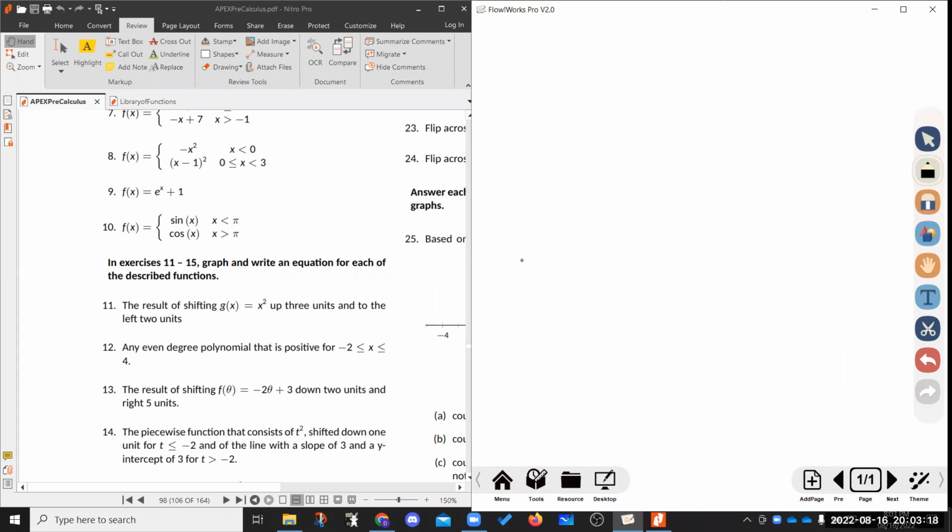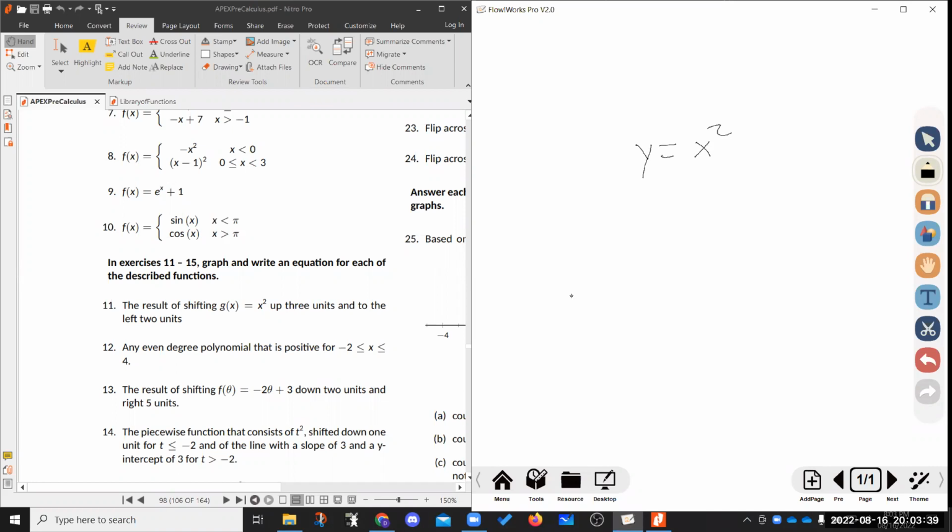Any even degree polynomial that is positive for x's between -2 and 4. So let's just say y equals x squared, and it doesn't tell us to shift anything.